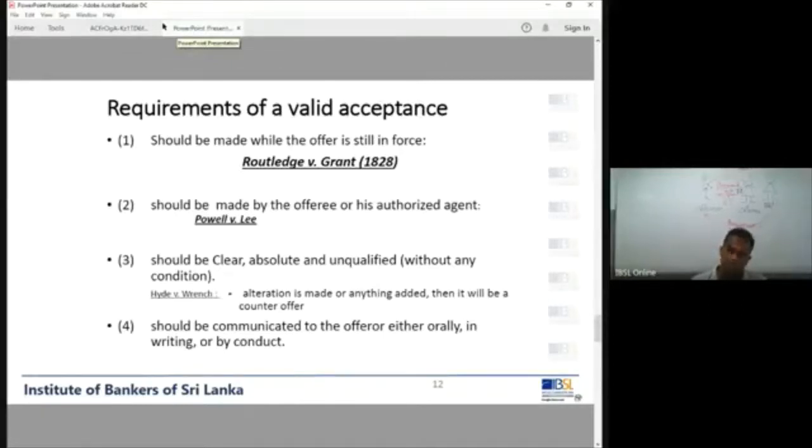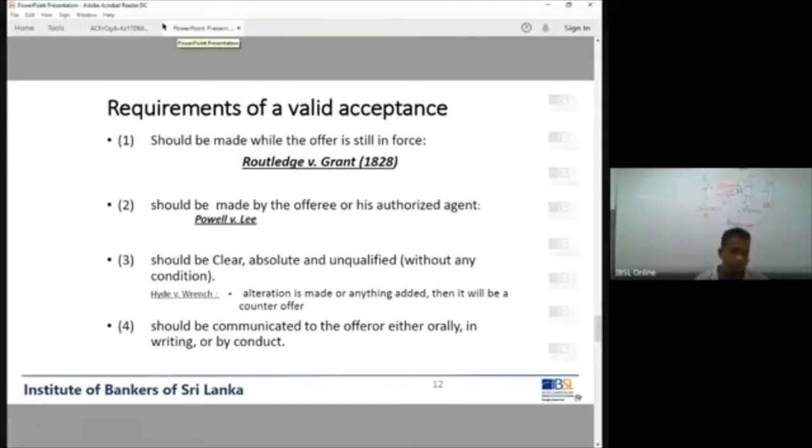Therefore, the person who writes the letter of acceptance has to mention that he is the agent of the company, and also he has to be authorized by the offeree company to accept the offer. Is that clear?